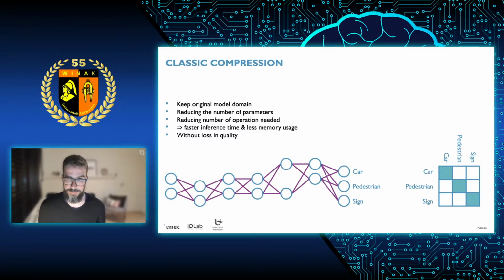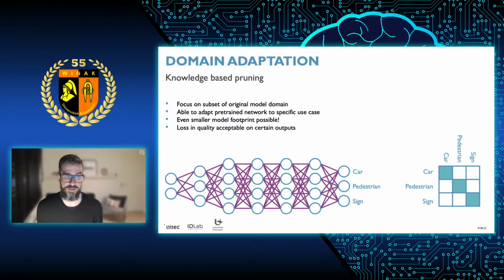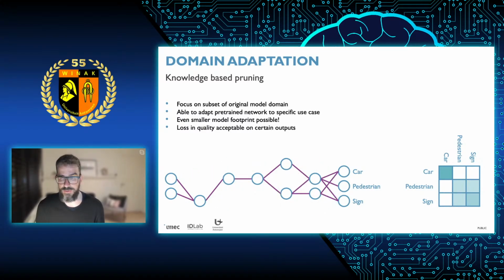What we do in the group is more of a knowledge-based approach. It means that we look more at what type of application we want to focus on at this moment in time, and we look at whether we can get some explainability from our neural network and really understand what these neurons are doing, and we try to prune more as a result. So we're really going to the furthest limit of what we can do, and we prune a lot of these things, often having a large impact on accuracy.